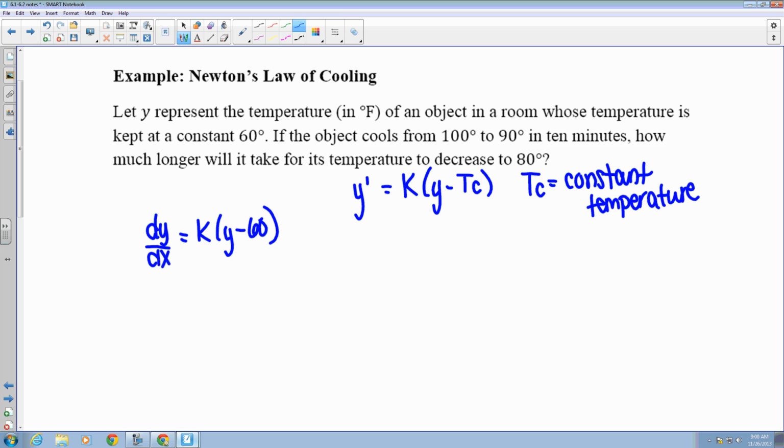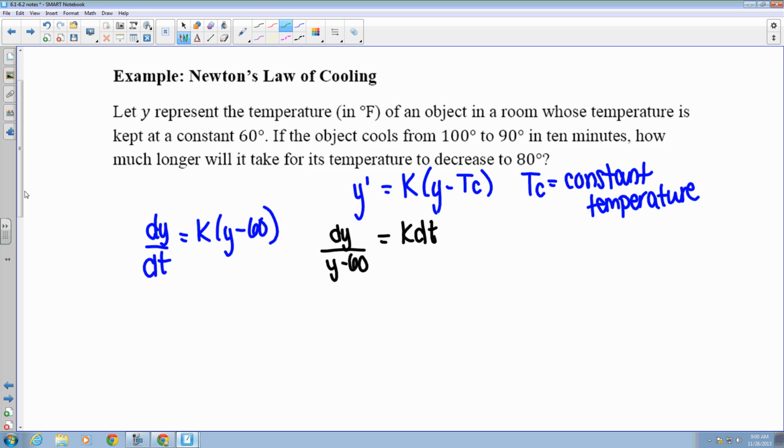And we're going to do separation of variables here. dy over (y minus 60) equals k dx. Take the integral of both sides. Instead of x's, we're going to do t's, so we're in terms of time.